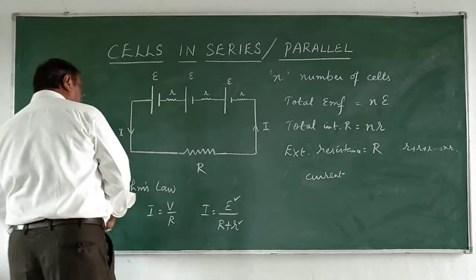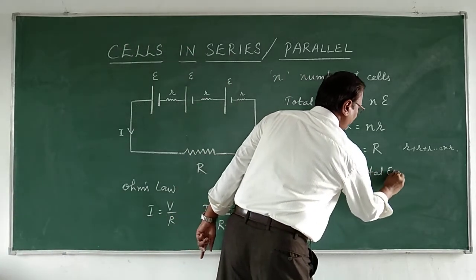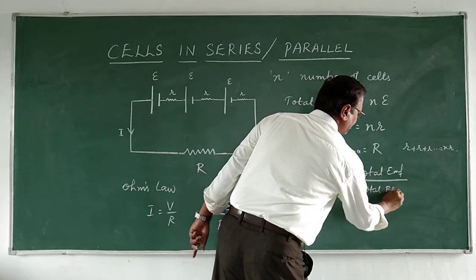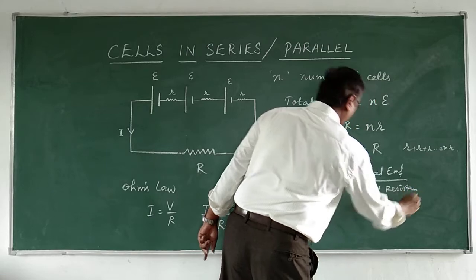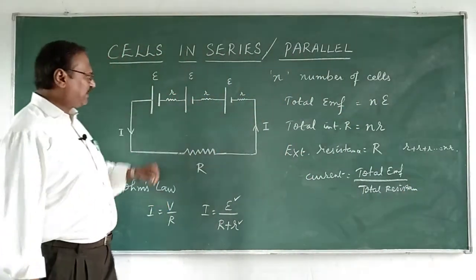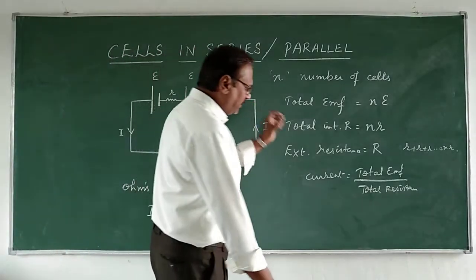Current is equal to total EMF divided by total resistance. So what will happen now? Current is total EMF upon total resistance. That means internal plus external resistance we have to include.